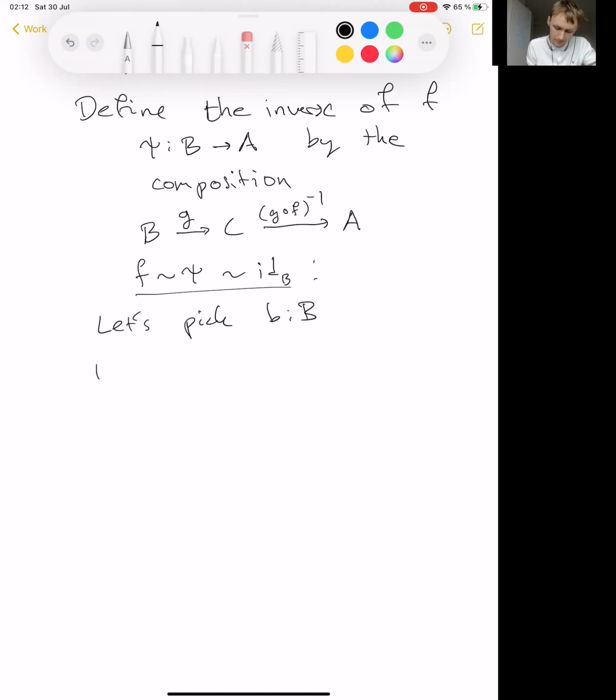By definition of psi, we have that g applied to f applied to psi of b is equal to g of b.